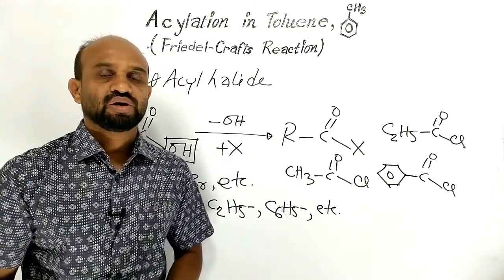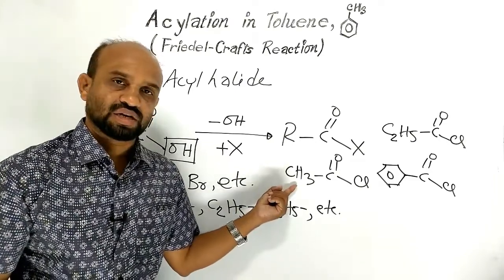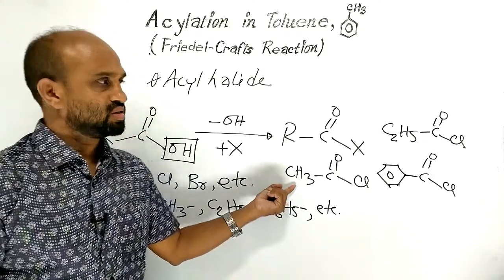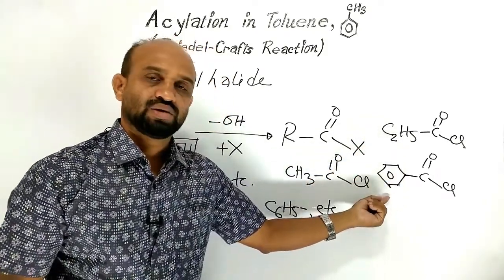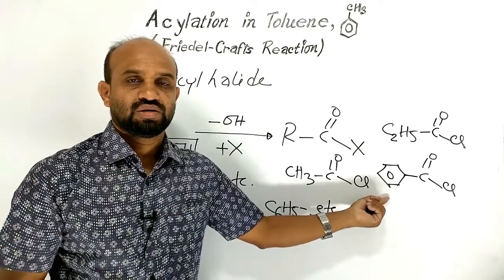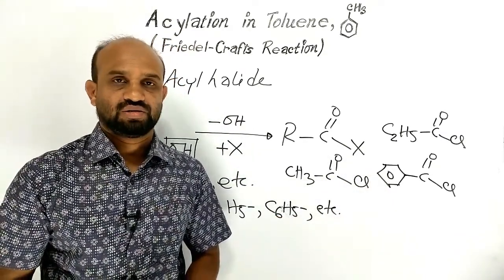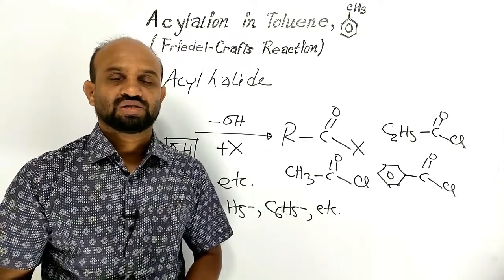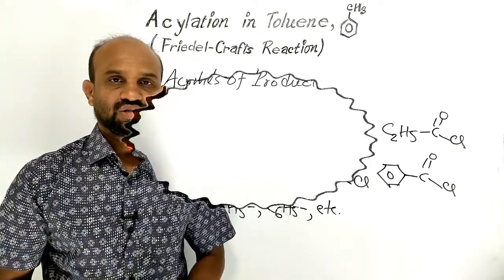The first member of acyl halide is this one, acetyl chloride or ethanoyl chloride, then propanoyl chloride, benzoyl chloride. These compounds are called acyl halides. These compounds are also known as acid halides. Let's move on to the next point.